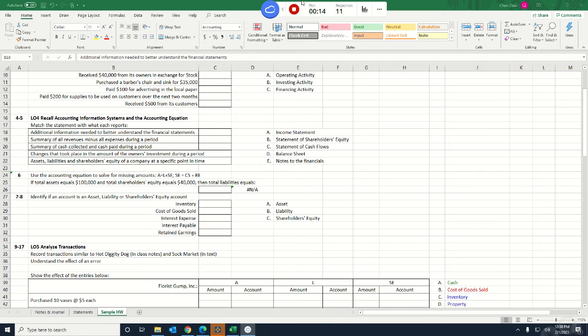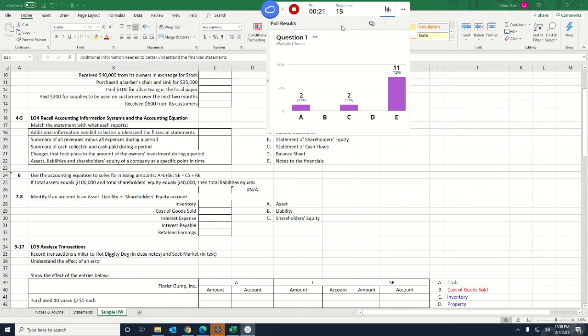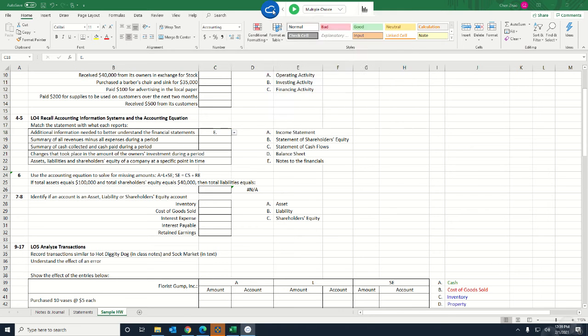I don't think we talked about this in much detail, but you should probably be able to figure it out. Okay. It looks like most of you got it right. Actually, this is E. We didn't talk about it in too much detail in class because this is not a statement.